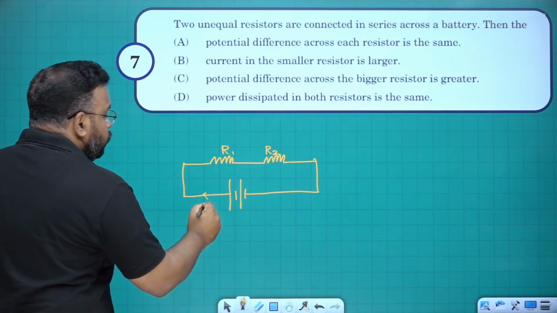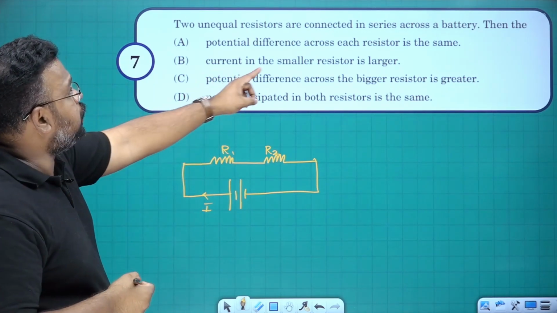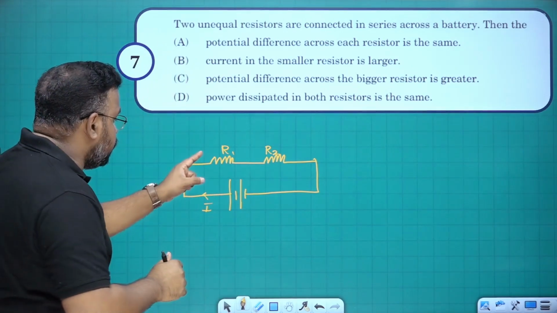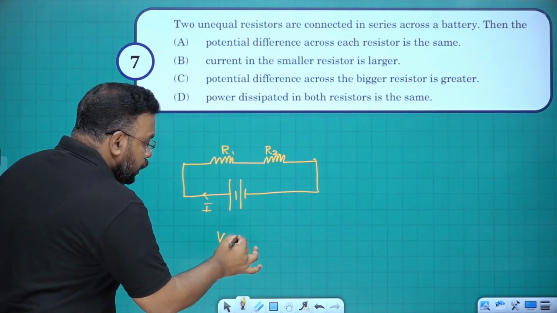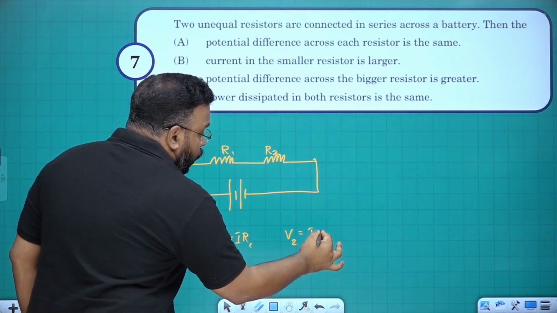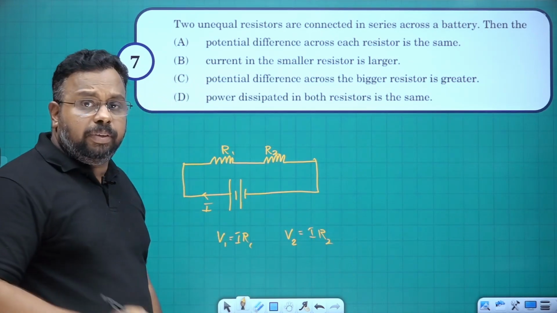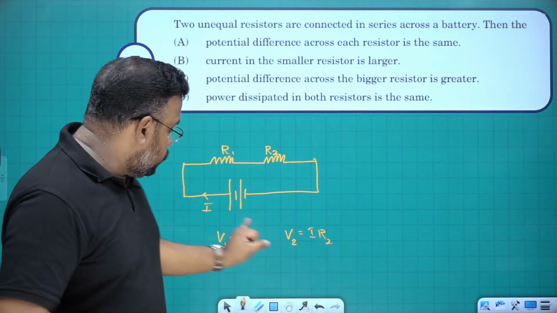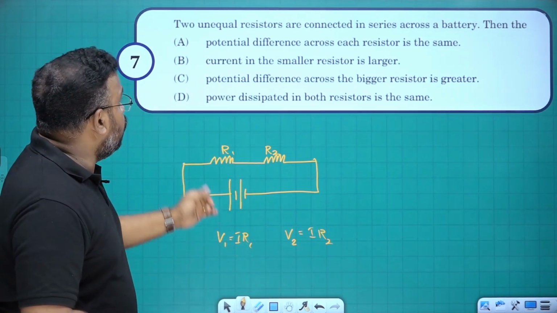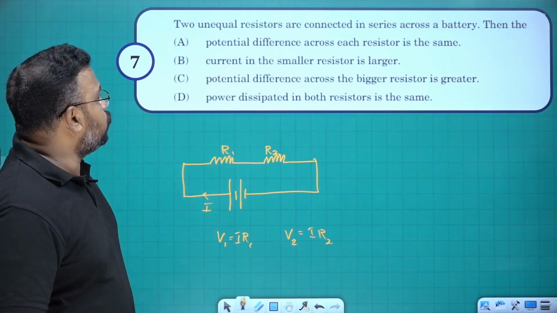Current, you know that current will be the same across both. Is the potential difference across each resistor the same? No, never, because potential difference V1 is equal to I into R1, and V2 will be I into R2. It is given that the resistors are unequal. So since the resistors are unequal, the potential will also be different. So the first one is wrong.